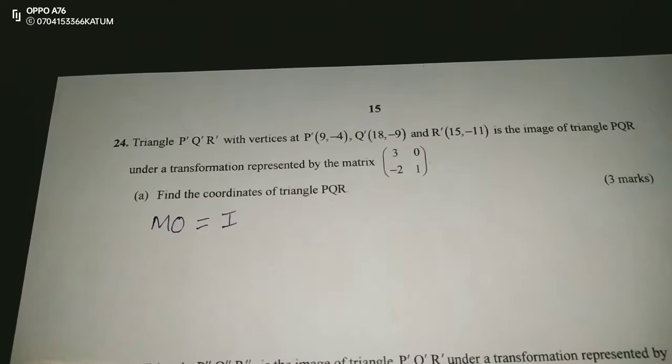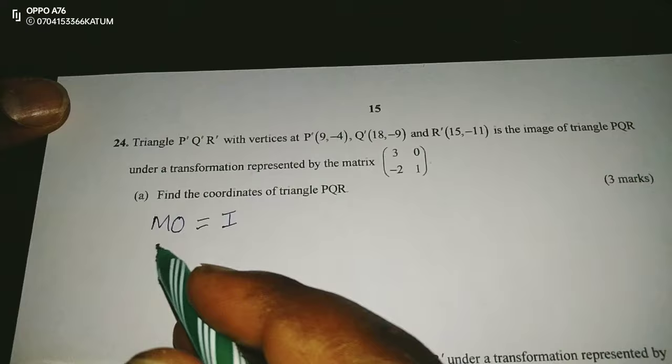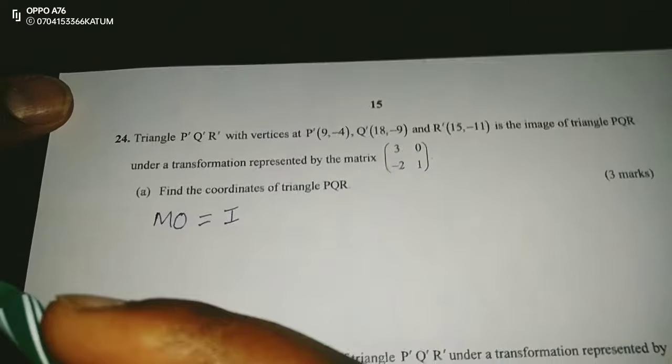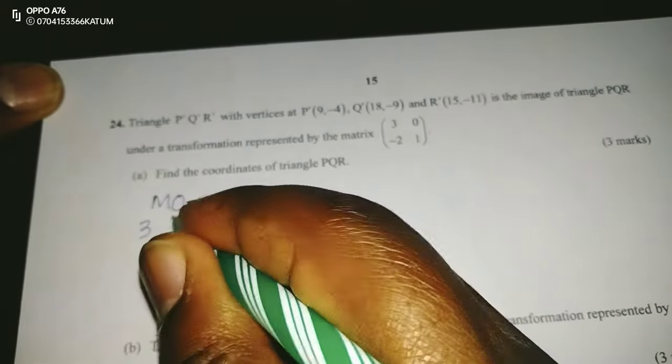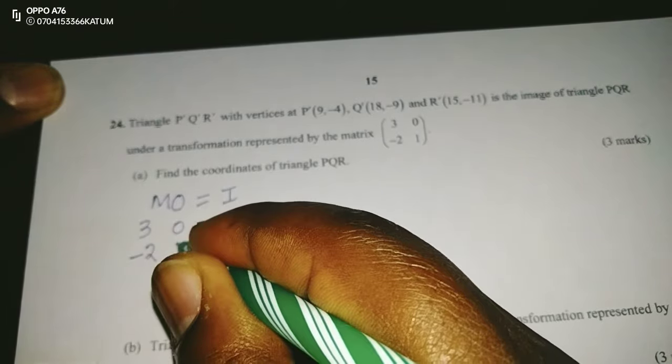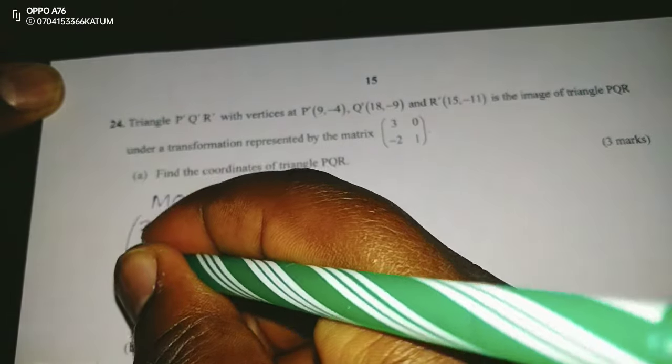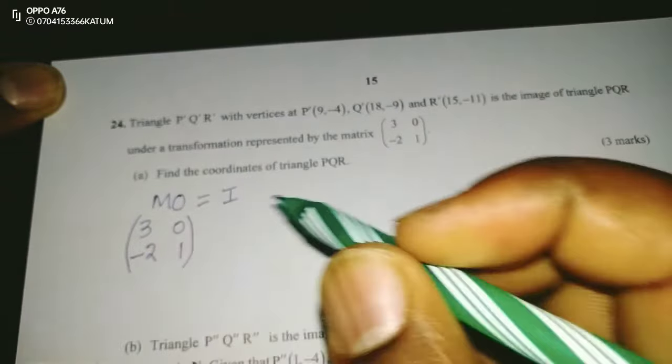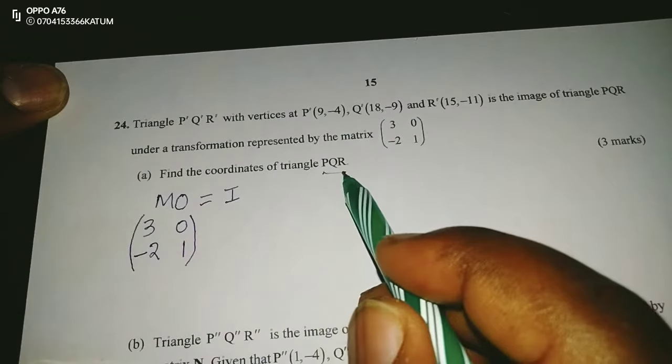Therefore, the matrix of transformation, which is [3, 0; -2, 1], is being multiplied by a known triangle PQR.